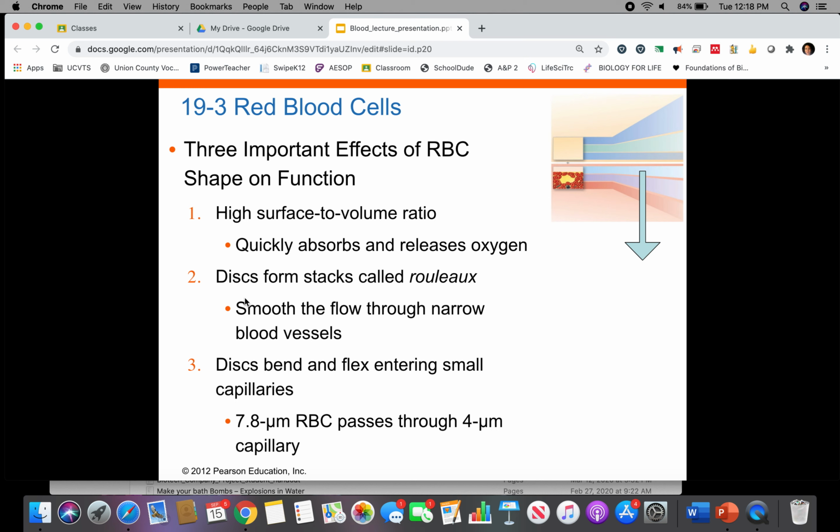The disc, because of its shape and not being a sphere, can bend and flex, being able to go through small capillaries. 7.8 micrometers is the size of the RBC, and it can go through half its size of capillaries, 4 micrometers.